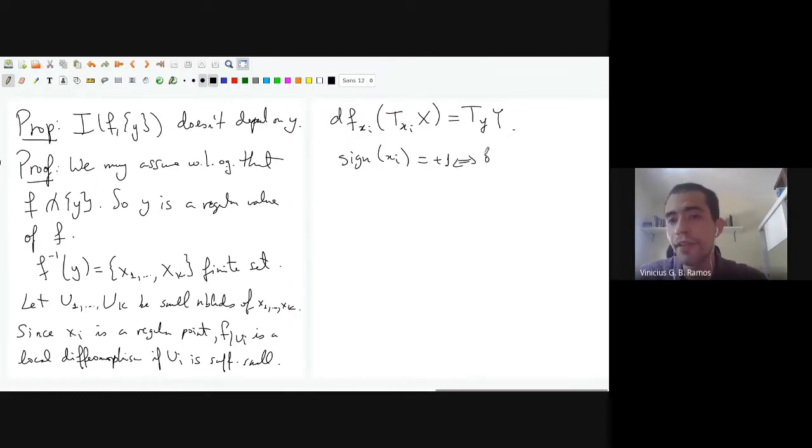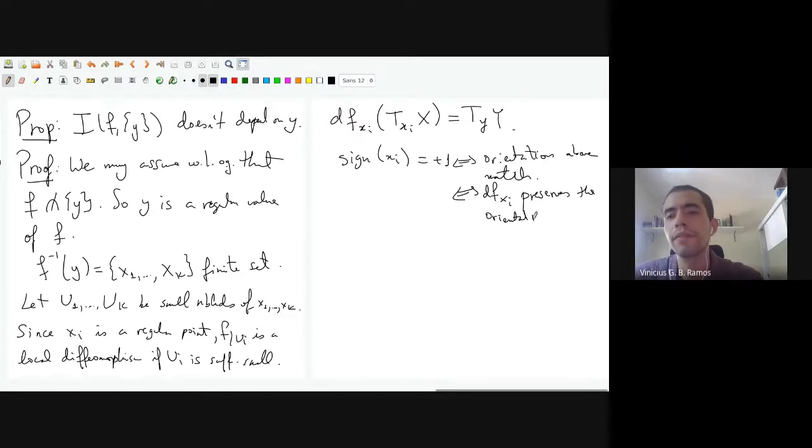So if and only if df at xi preserves the orientation, it's orientation preserving. So the sign is going to be -1 if df at xi is orientation reversing.